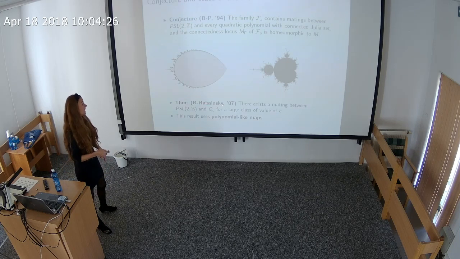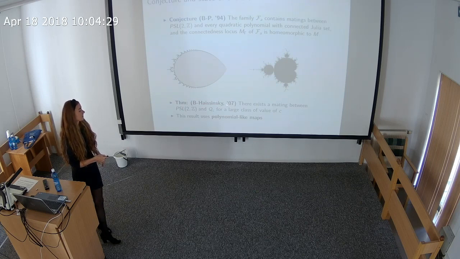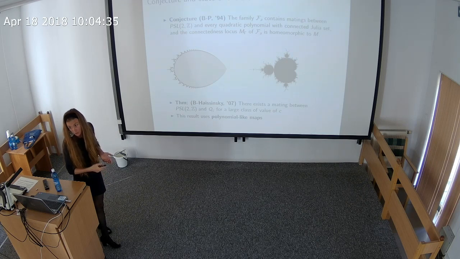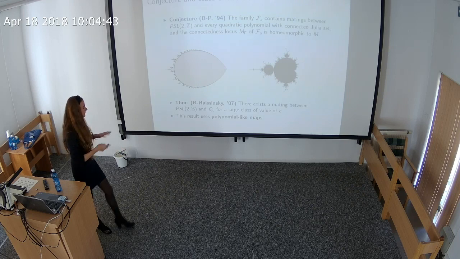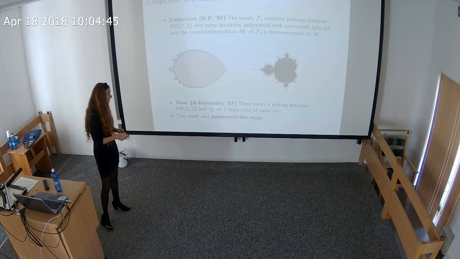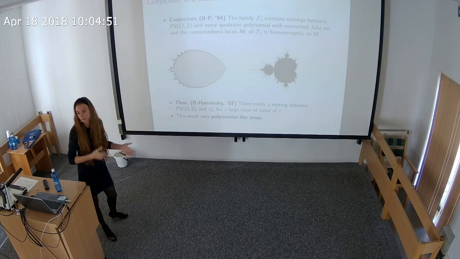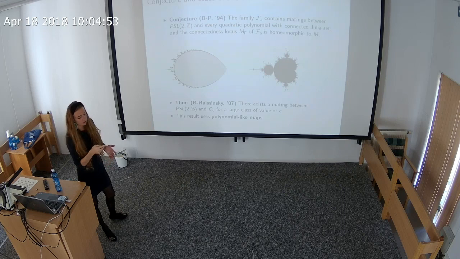With Hejhal and Siński in 07, they proved that for a lot of parameters here inside, there is a mating. What happens is that their result uses polynomial-like maps, and because of this tool, and I hope it will be clear in 2 slides, it cannot get the whole connectedness locus.